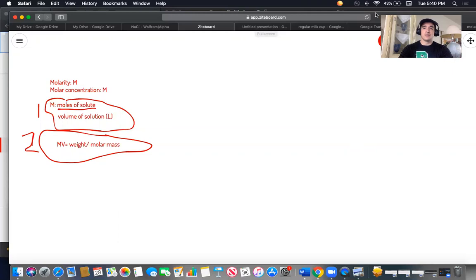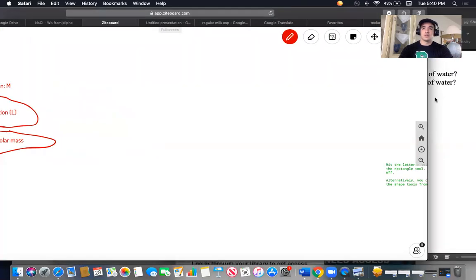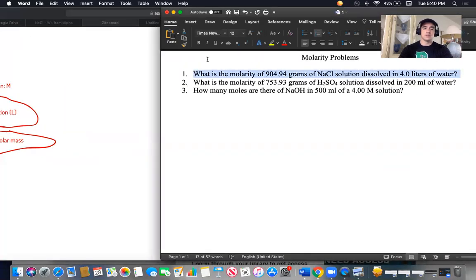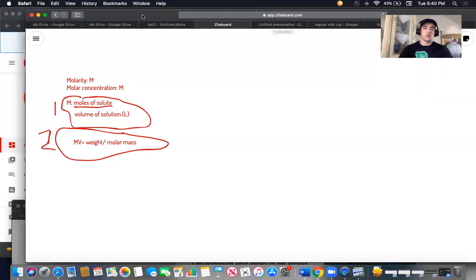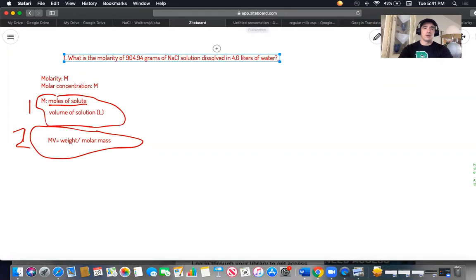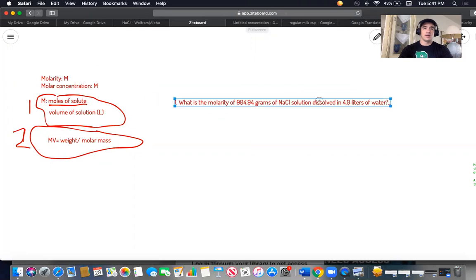Let's go ahead and do an example problem. What is the molarity of 904.94 grams of NaCl solution dissolved in 4.0 liters of water?